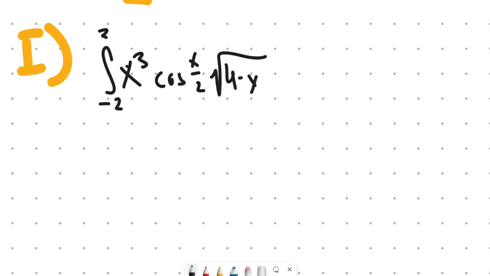So let's do the Roman numeral 1 first. It's the integral from -2 to 2 of x cubed cosine(x/2) times the radical of 4 minus x squared dx. If we look at this integral, it looks like a very complicated integral. With my personal methods I would use the DI method to go somewhere, but in general it's very difficult to solve.